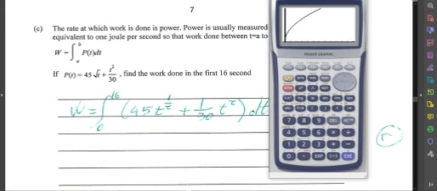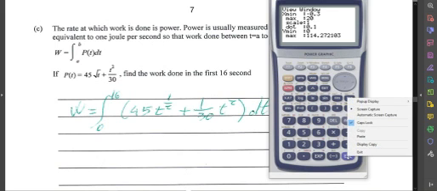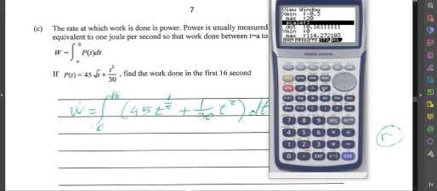So let's do view window. X max is, let's say, 15. No, not 15, 20. So let's see if we can see it now.